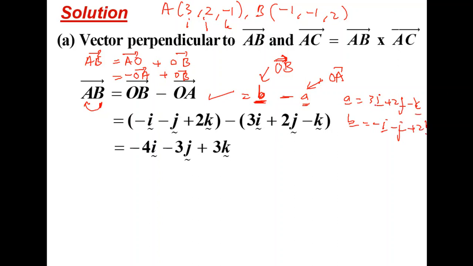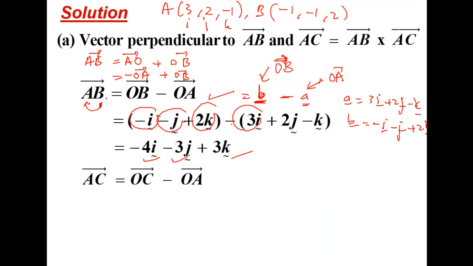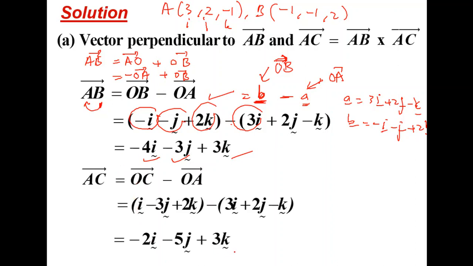You should write a curly line below the components I, J, K. So, component I minus component I, negative 4I. Component J minus component J, get negative 3J. Component K minus negative K, get positive 3K. This is vector AB. Then find vector AC, do the same thing, and this is the answer.